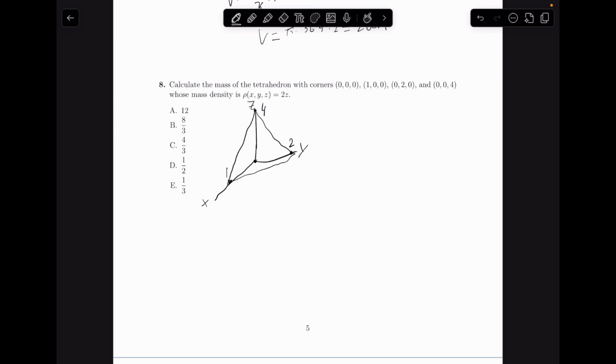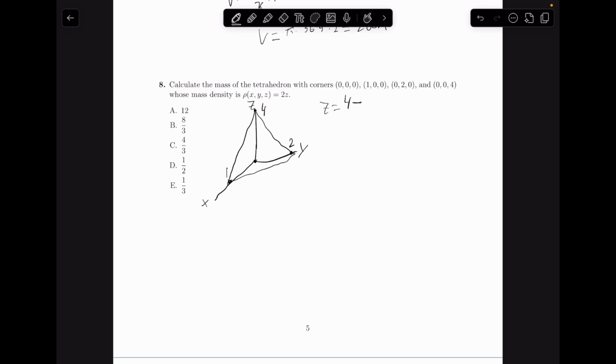Okay, so we're going to need to write an equation for this plane-looking thing. So I'm going to start with z, and a trick that's really useful is starting with the max value of z, which is 4 in this case. Then you minus some constant times x, and that constant is what it takes, based off the value of x, to get to z equals 0.